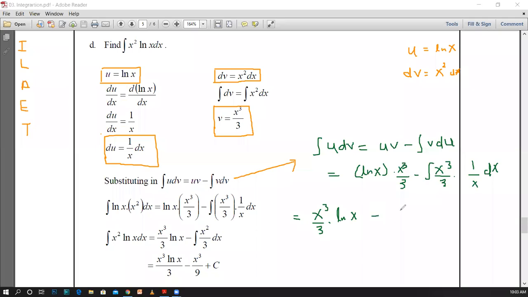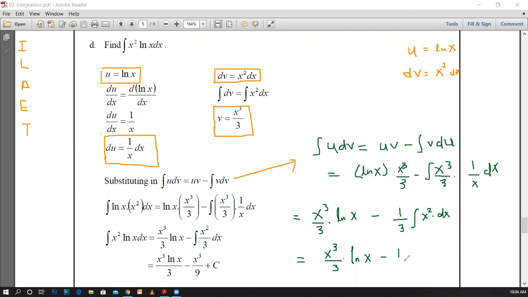Then 3 can be taken out as a constant, and the remaining would be x squared dx. Therefore, we get the answer as x cubed divided by 3 times ln x minus, if you take the integral of x squared, you again get x cubed divided by 3.